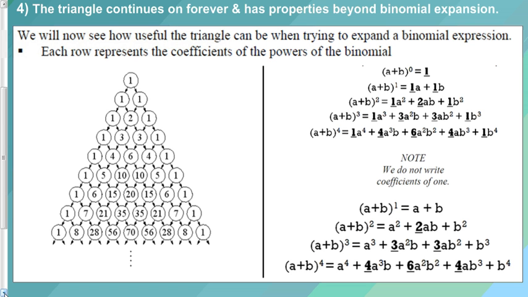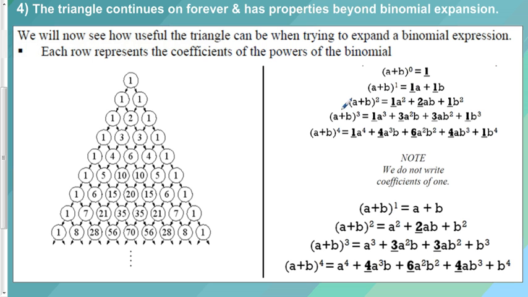To do this, we need to look at how Pascal's triangle relates to the powers of a binomial. The first row, which is just 1, represents a binomial to the 0 power. The second row, which is 1 and 1, represents a binomial to the first power.